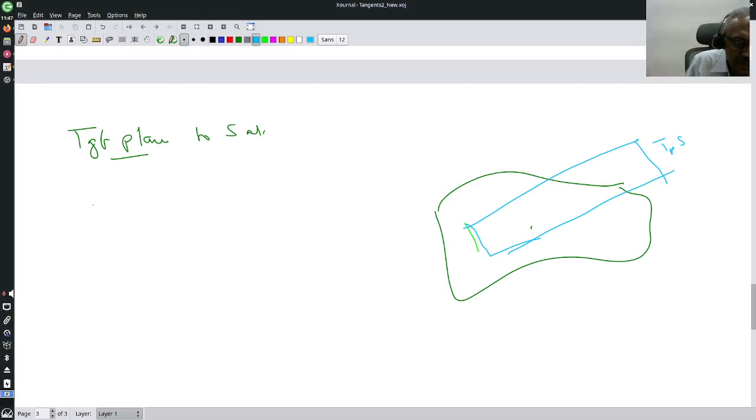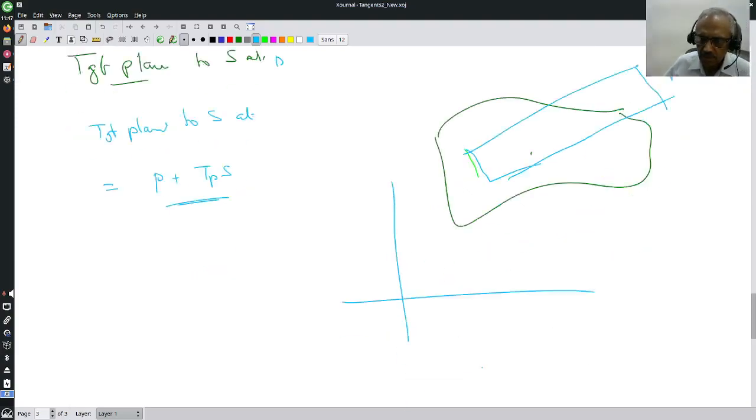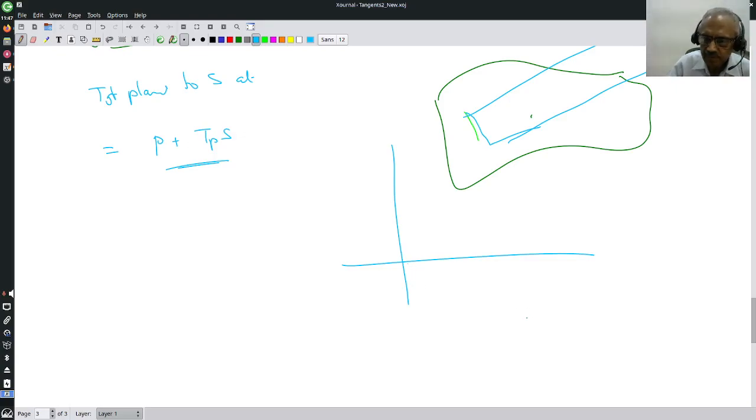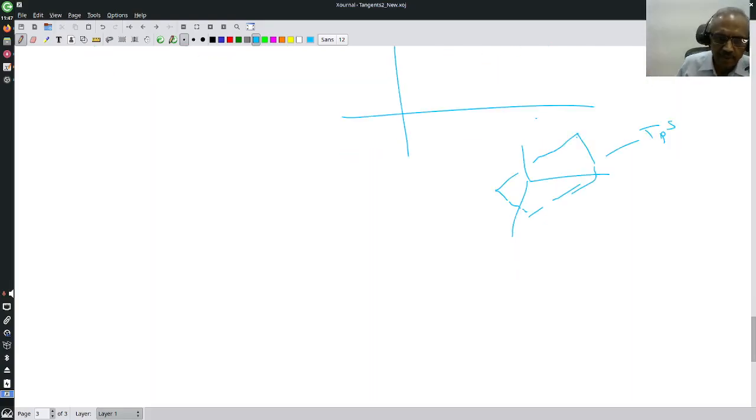The tangent plane to S at P is P plus T_P of S. That is, if this is the tangent plane, this is the tangent space, you simply translate this through P. This is my P, okay, through that.